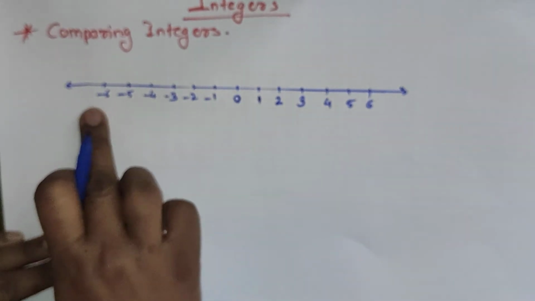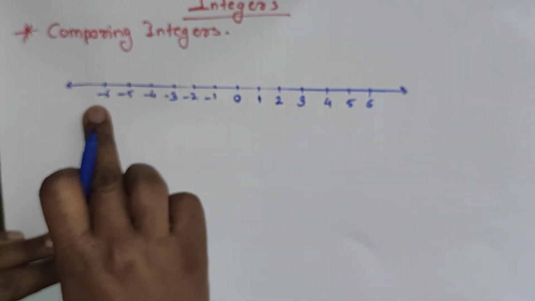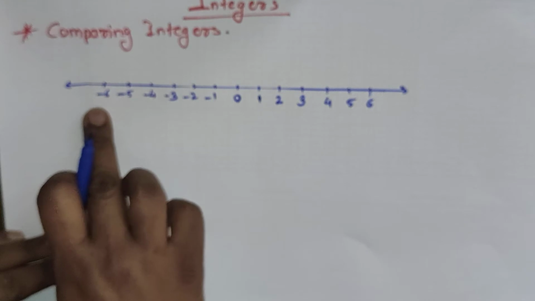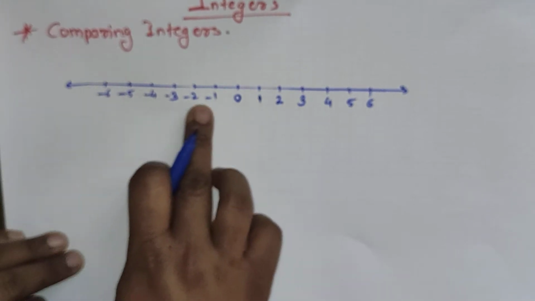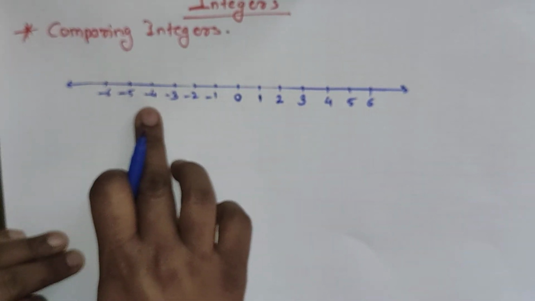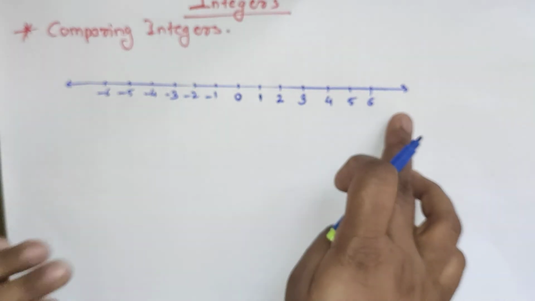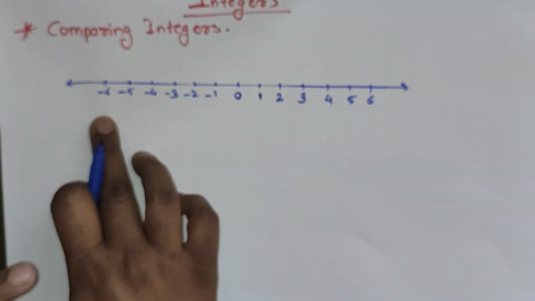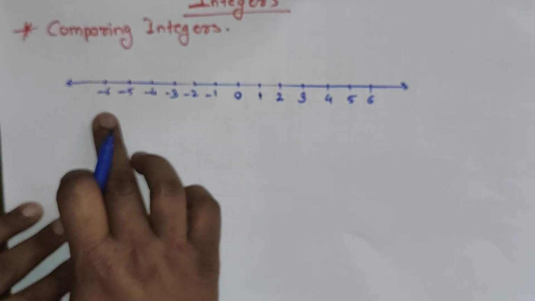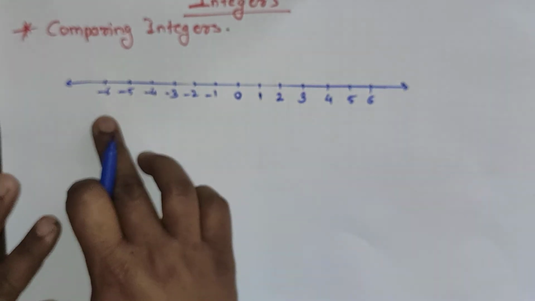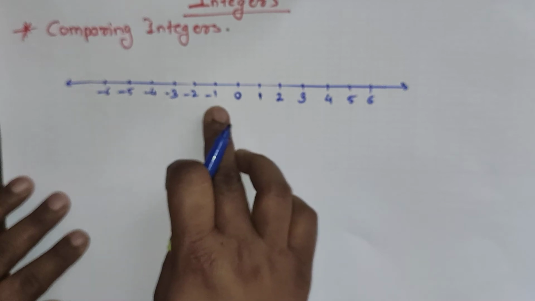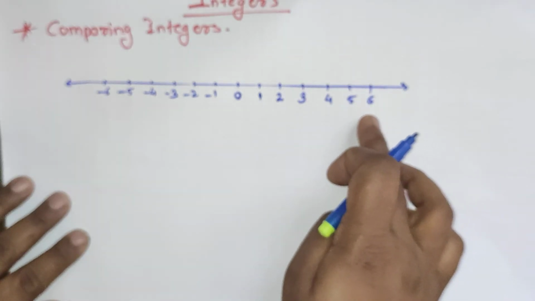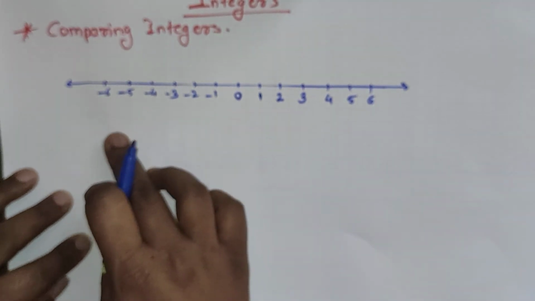As you go from left to right the numbers become bigger and bigger, and if you come from right to left the numbers become smaller and smaller.